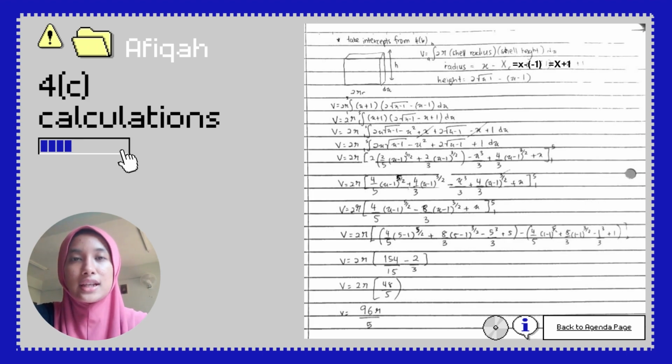And then V equals pi times (150 over 15 minus 2 over 3), and we got V equals pi times 48 over 5, and the answer is 96 pi over 5. So the volume is 96 pi over 5.